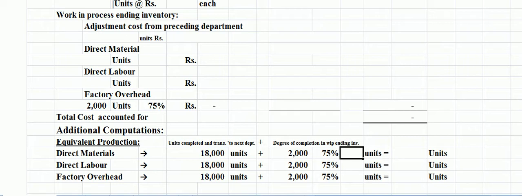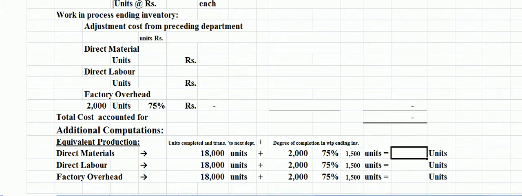Here we have to multiply 2,000 units with the degree of completion. Then we find the units completed in still in process, which are 1,500 units as direct material, and the other two are also the same, 1,500 units with direct labor and factory overhead.